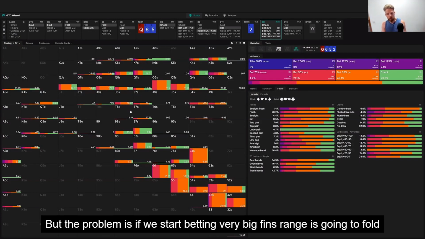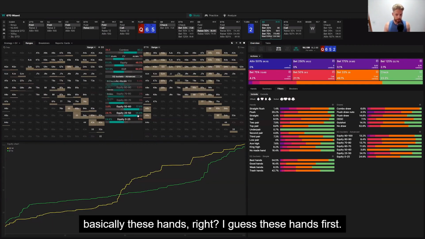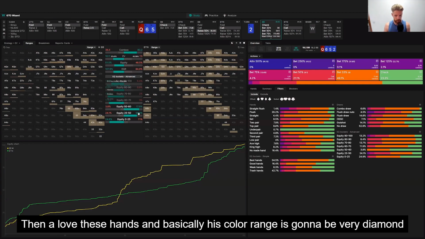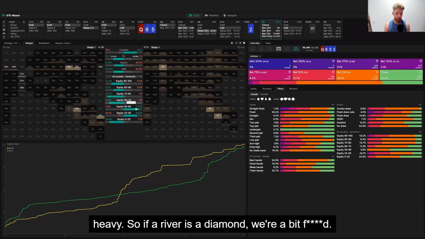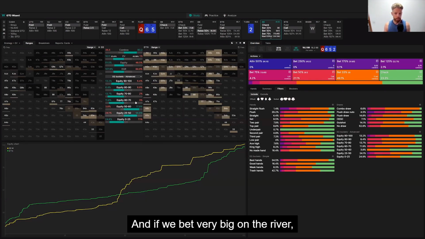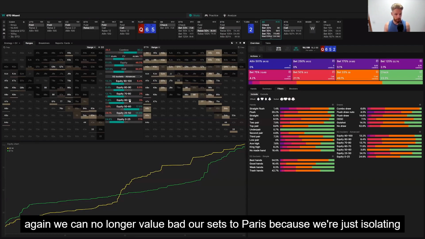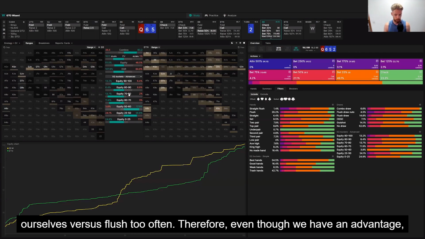But the problem is if we start betting very big, villain's range is going to fold basically these hands, right? Now I guess these hands first, then a lot of these hands, and basically his calling range is going to be very diamond heavy. So if a river is a diamond, we're a bit messed up. And if we bet very big on a river again, we can no longer value bet our sets to pairs because we're just isolating ourselves versus a flush too often. Therefore, even though we have an advantage, we size down.